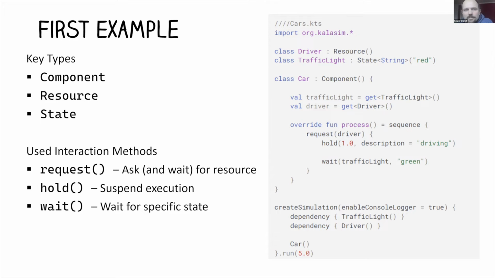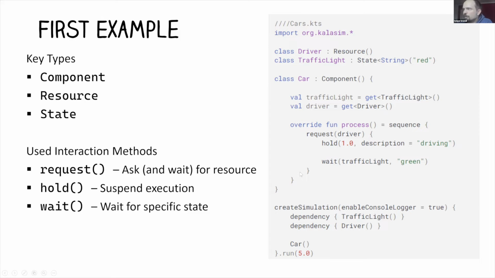And as I just stated, in order to bring in the process, we write a so-called process definition. We can implement a Kotlin sequence, which implements the process. Within this process definition, we can detail the interactions of this entity with other simulation entities, and we can write down its life cycle.